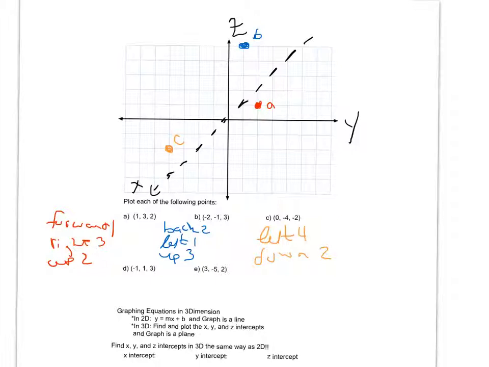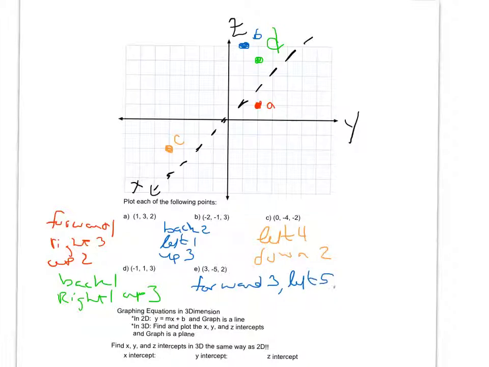So D tells me to go back 1, right 1, and then up 3. So starting at my origin, I go back 1, right 1, and then up 1, 2, 3. And then I plot my point, and I'm going to go ahead and label it as C. Oh, sorry, D. And looking at letter E, I'm going to go forward 3, left 5, and up 2.